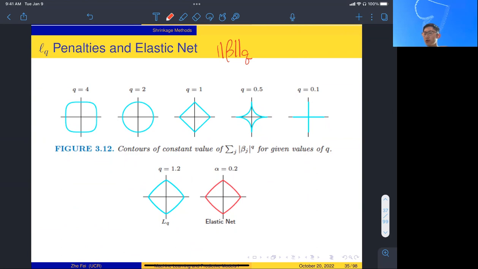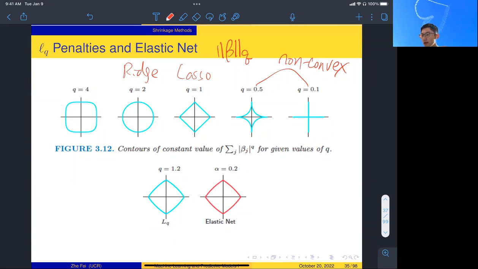So Q equal to 2 is the ridge, we have seen Q equal to 1 is the lasso, and for Q less than 1, they become non-convex cases. So essentially, the solution is harder to achieve. Then for Q equal to 4, it's basically the L4 norm.